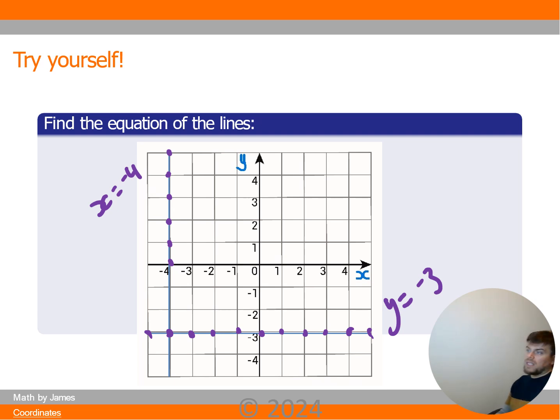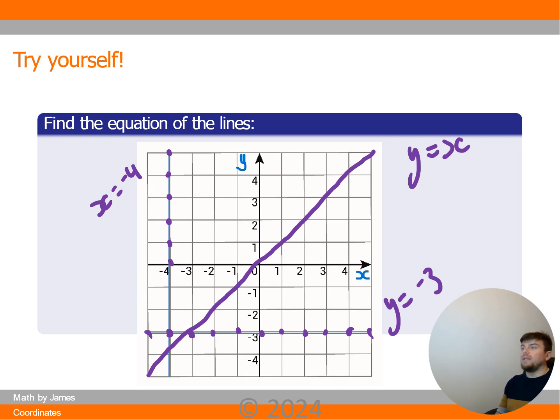Another one that I wanted to quickly show you was y equals x, that we sometimes need to know. So y equals x is a straight diagonal line. Do please use a ruler and a pencil when you do these on paper. So this is where y is equal to x.